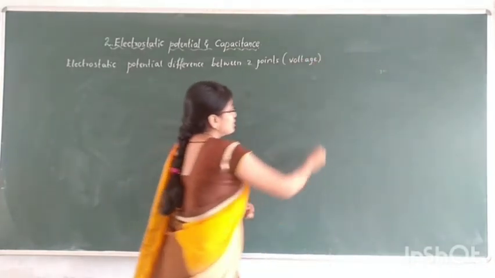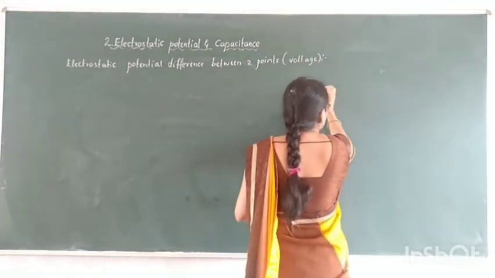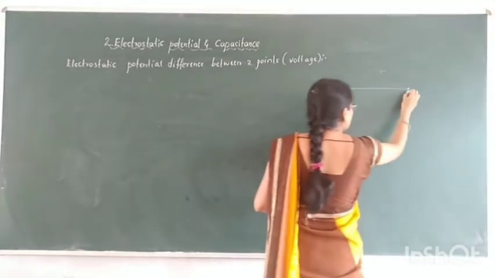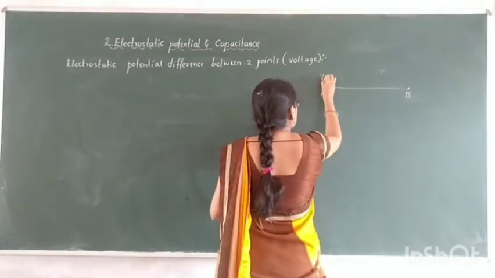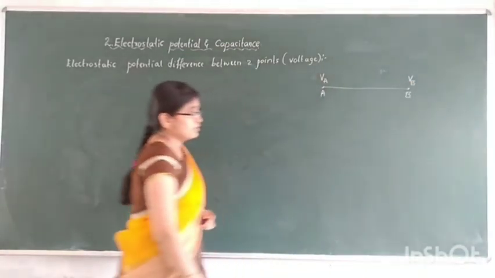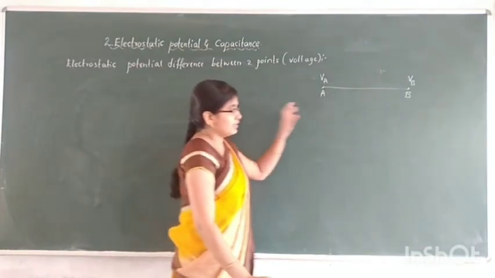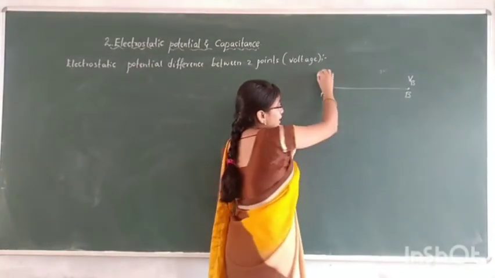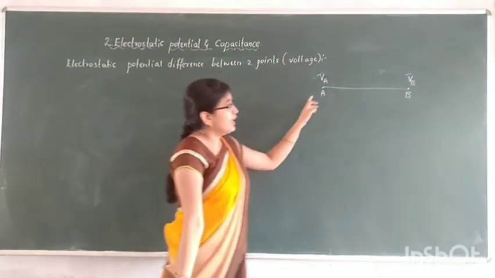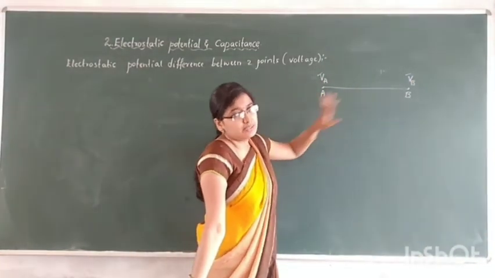For this, consider a diagram. VA and VB are potentials at points A and B respectively.